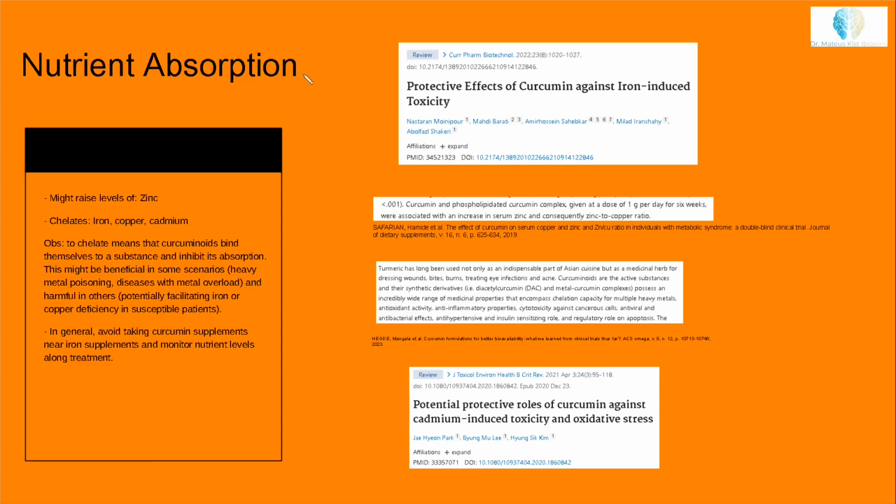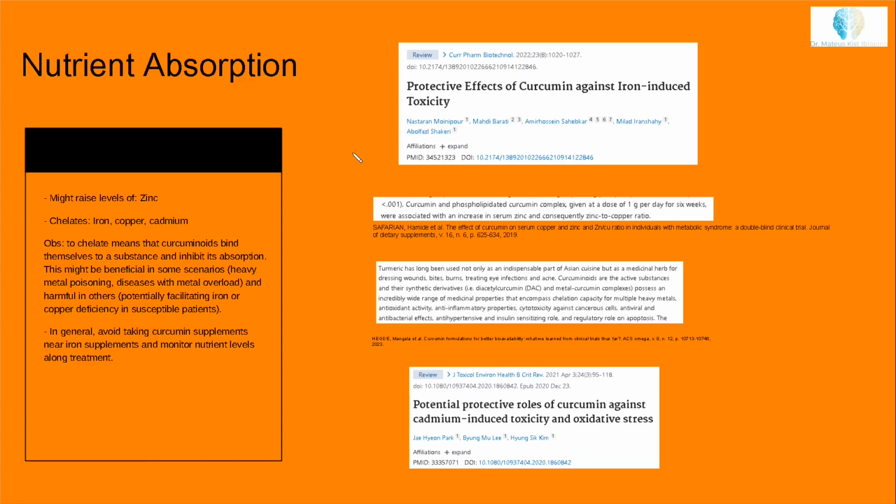Let's talk a little bit about the effect of curcumin on nutrient absorption. This is very difficult to talk about because we have small studies, we don't have big reviews, so it's very difficult to sum everything into one presentation. So there might be other effects that I'm not aware of that I didn't find during my studies. Curcumin might, for example, have an effect on the absorption of other micronutrients that I don't talk about here.